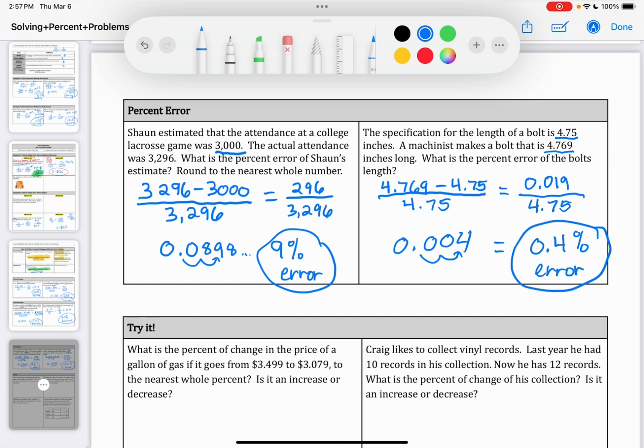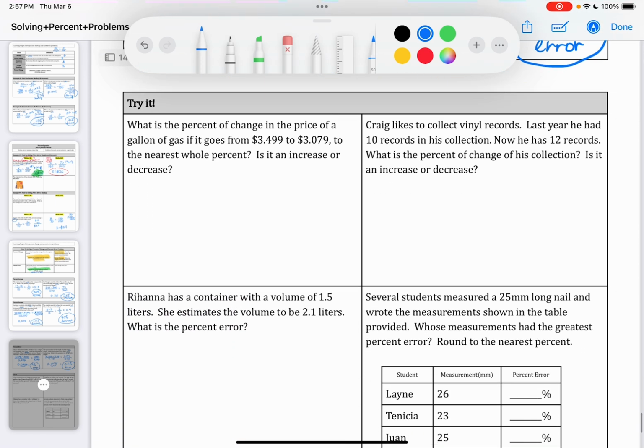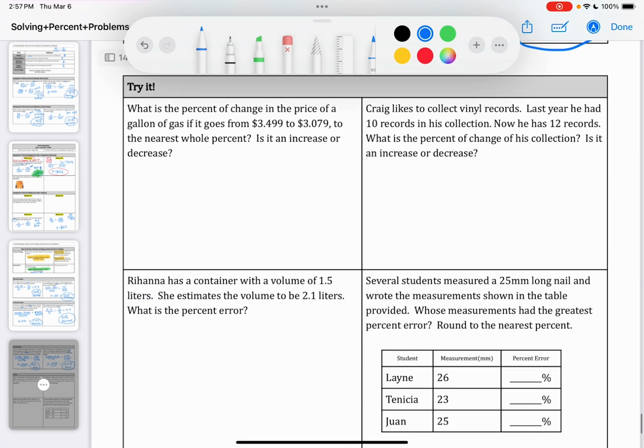All right, next question. What is the percent of change in the price of a gallon of gas if it goes from 3.499 to 3.079? Yeah, gas is one of those weird things. They add in that extra decimal place because it rounds up and people don't think about it.